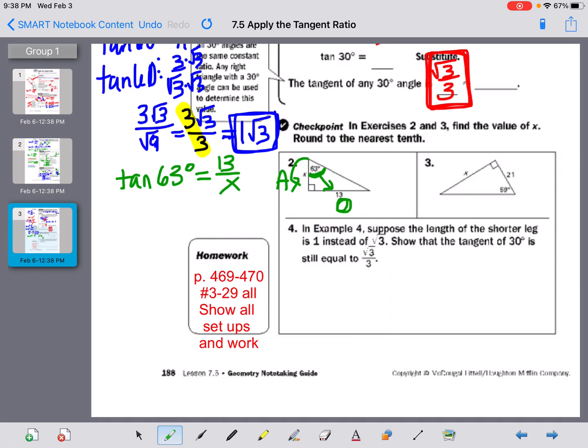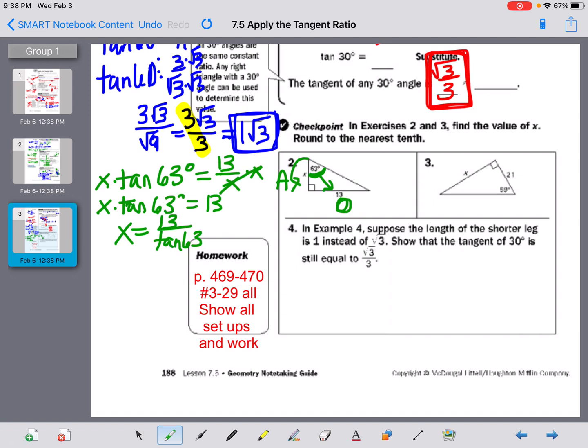All right, can we solve for x when it's in the denominator? No. So we multiply to get it out of the denominator. Now I have x times the tangent of 63 equals 13. How do I get x by itself? Divide by tangent of 63. So what is 13 divided by the tangent of 63?